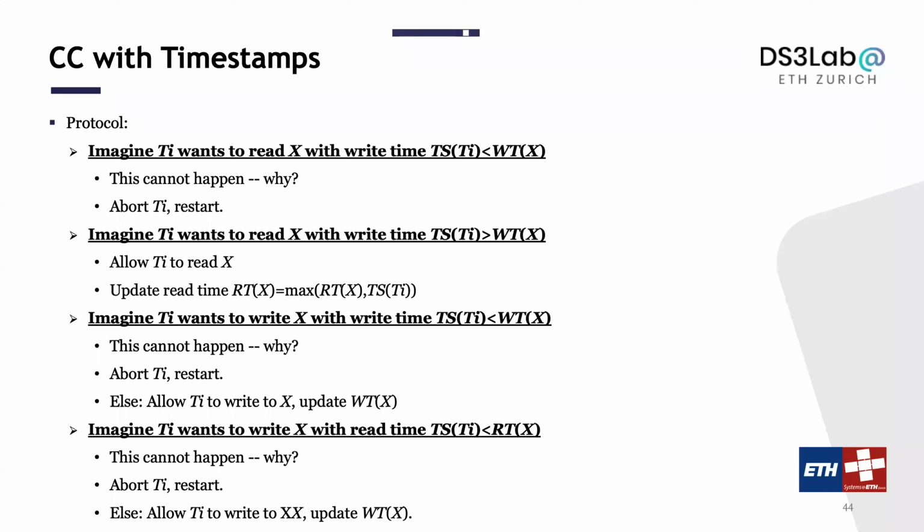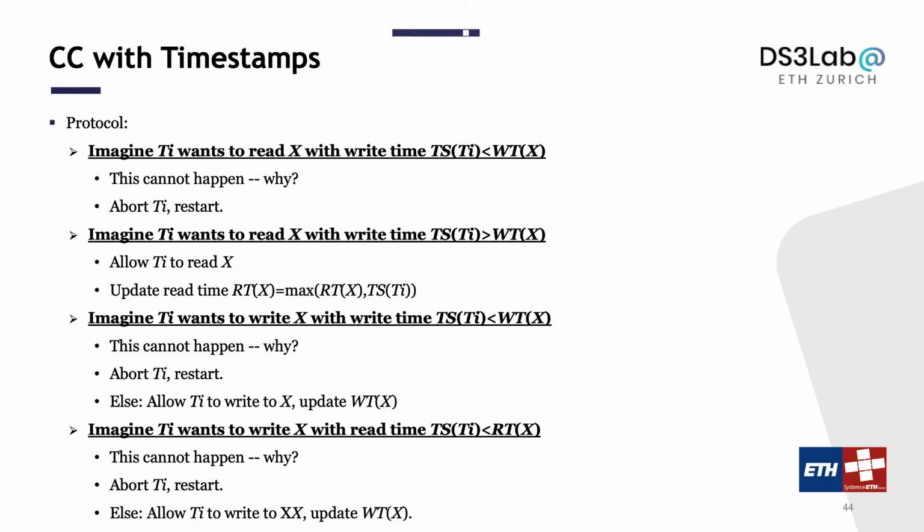So as we can see, these are the four cases that could happen in the system. As long as I read or write an object that has been accessed in the future by a transaction that's supposed to happen after me in the serial schedule, I will abort TI. Okay, so that's the high-level principle.